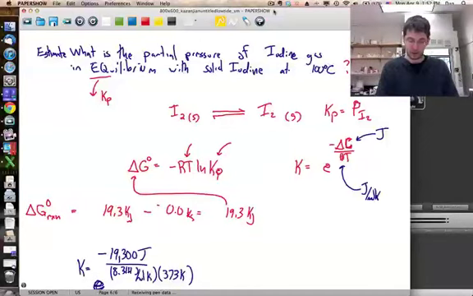E raised to that power would be equal to our value. The equilibrium constant gives us K is equal to 1.982 times 10 to the minus third. So at that temperature, the equilibrium constant would equal 1.98 times 10 to the negative third, which in this case would also be the partial pressure in atmospheres.